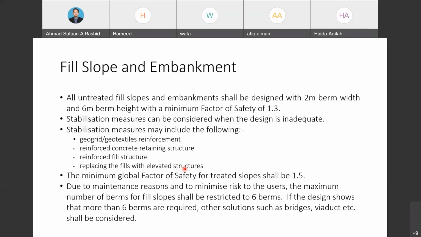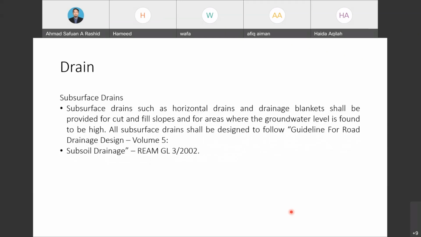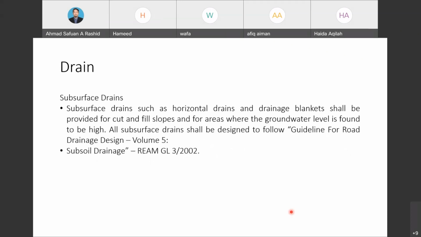The same condition applies here, maximum of 6. If more than 6, other solutions such as bridge, viaduct, etc. shall be considered. For drains, there are 2 types: surface drain and subsurface drain. Surface drain is what we can observe, while subsurface drain is called a horizontal drain.